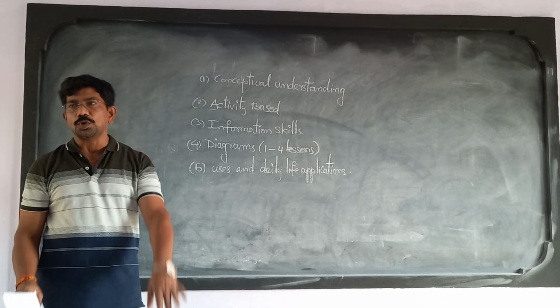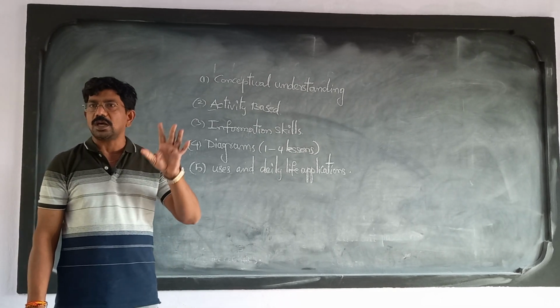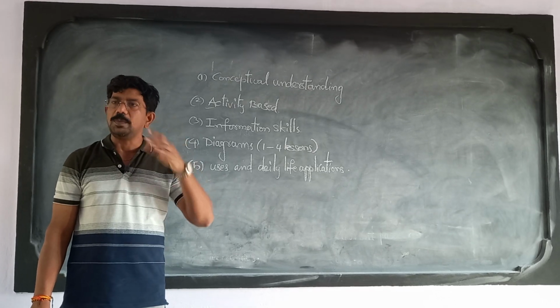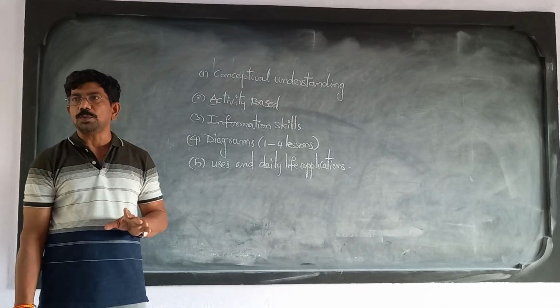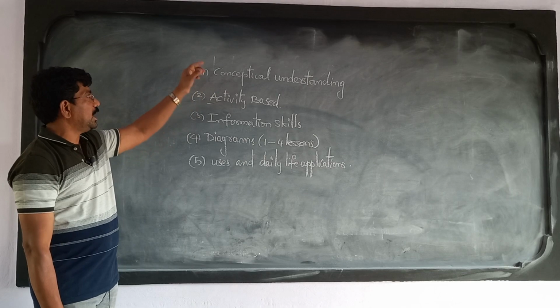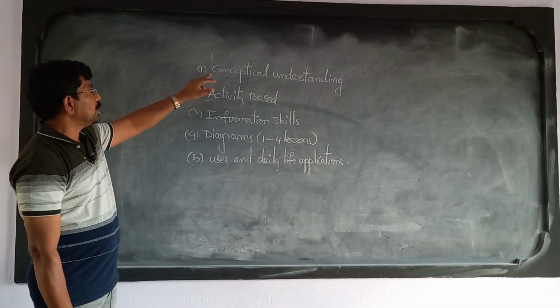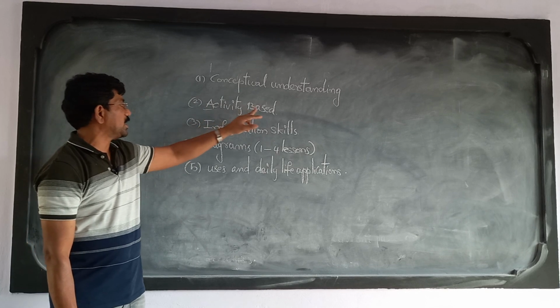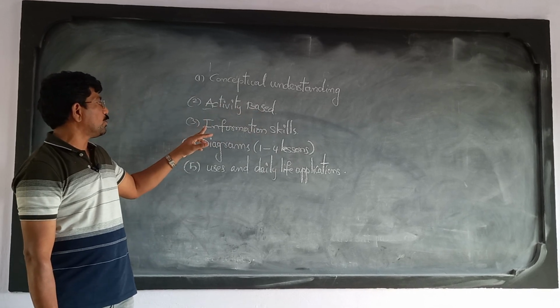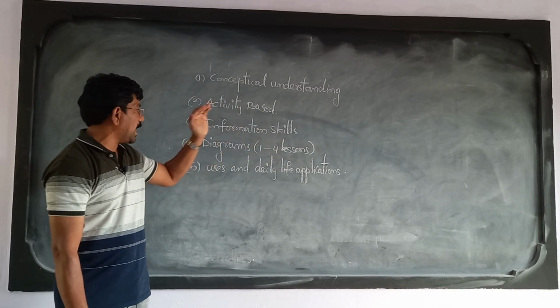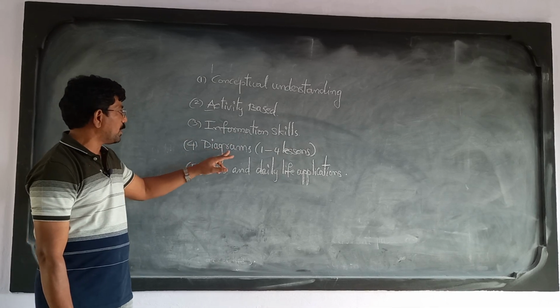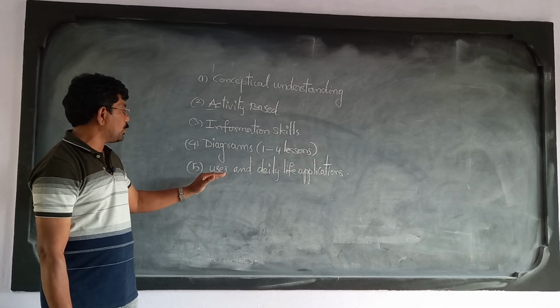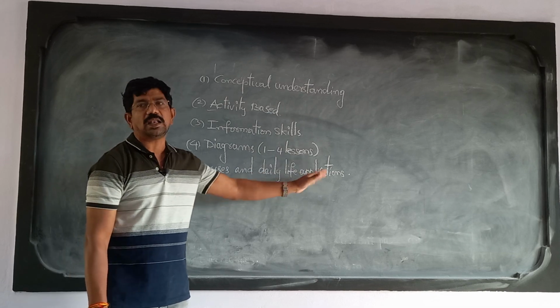Whoever prepares the question paper, whether SCERT or private or government, this is the way they have to ask the questions. They have to give questions from conceptual understanding, activity based, information skills, diagrams, and uses and daily life applications.